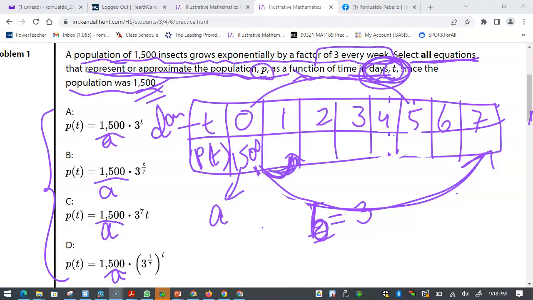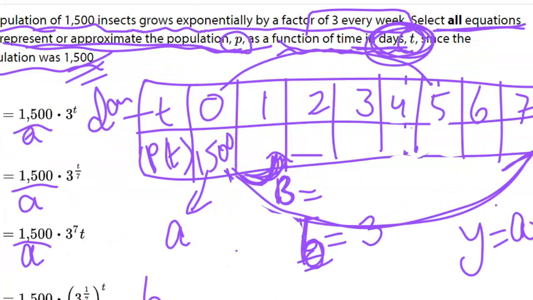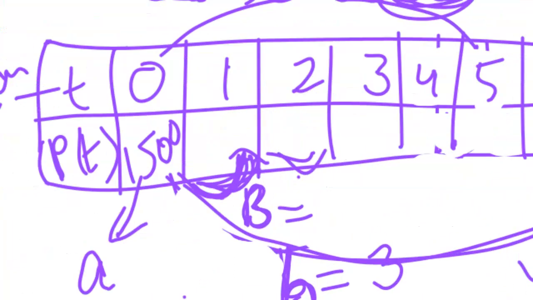If it is every day, let's call it uppercase B. In the function, y equals a times b raised to x, but now that b will change. How many days are there in a week?